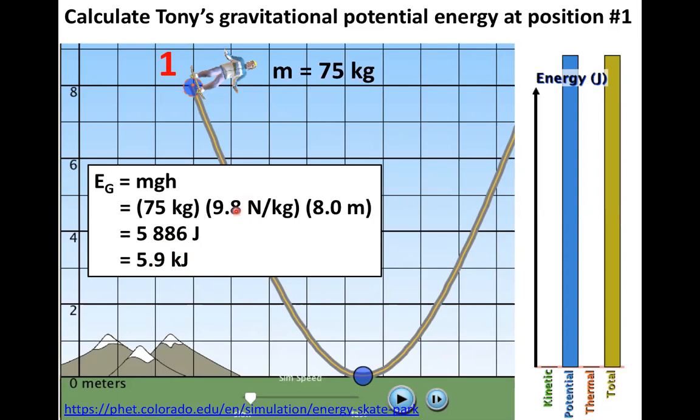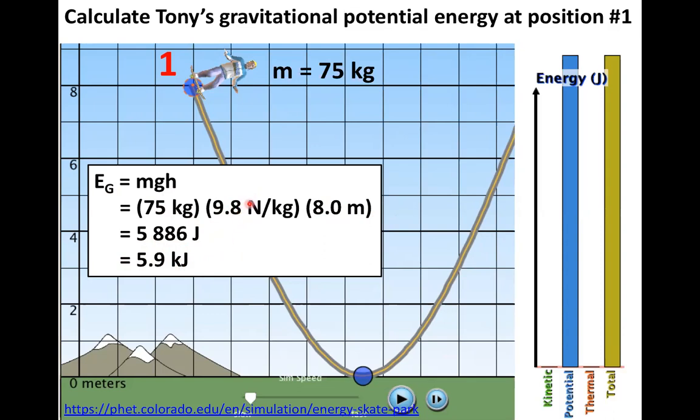It's not wrong to use 9.8, but that chops it off to 2 significant figures. And just in case both of these other numbers were 3 significant figures, then I would also accept that, but you'd have to round. If this was 75.0 and 8.00, 3 significant figures here and here, and you used 9.81, the correct answer for full marks would be 5.89 kilojoules.